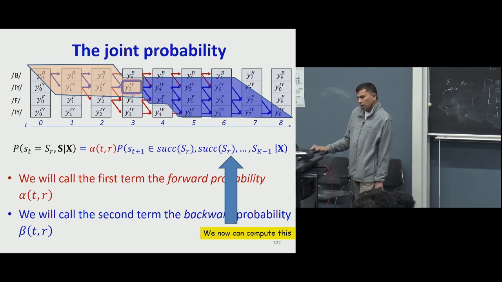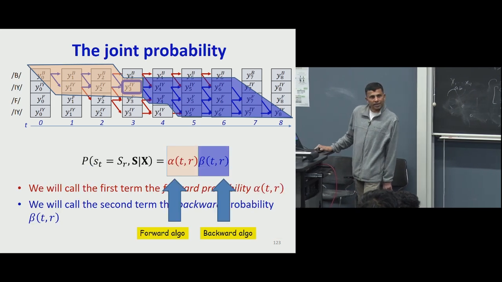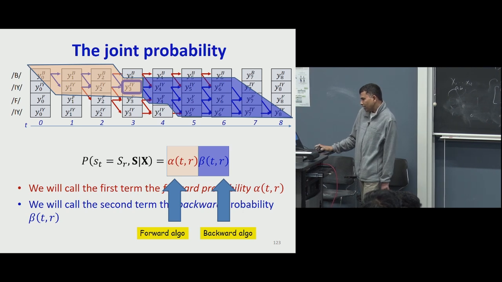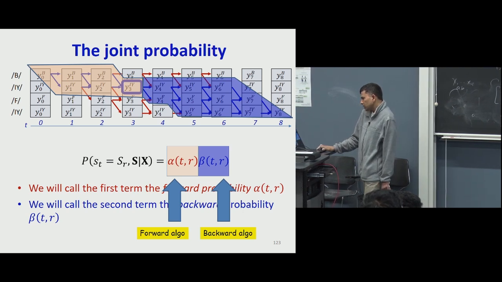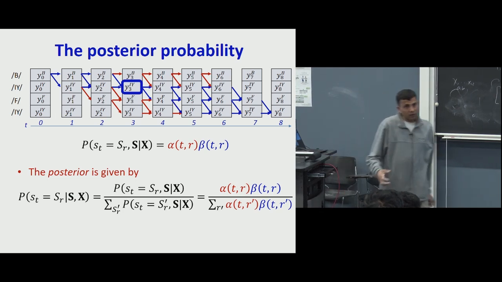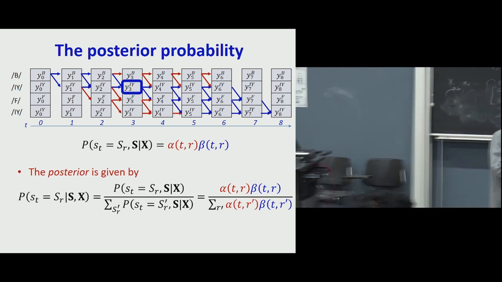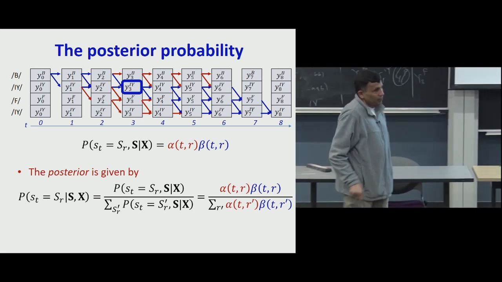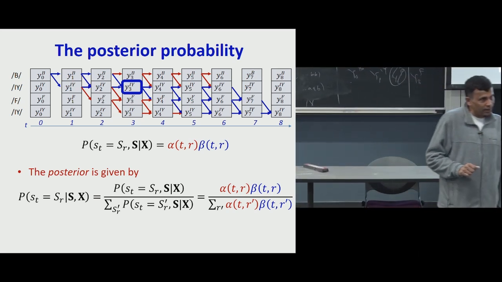So in the process, we have computed both the alphas and the betas, and now we can compute the posterior probability for the node. The product of the alpha and the beta at any time is the total probability of the graph that goes through that node, right?